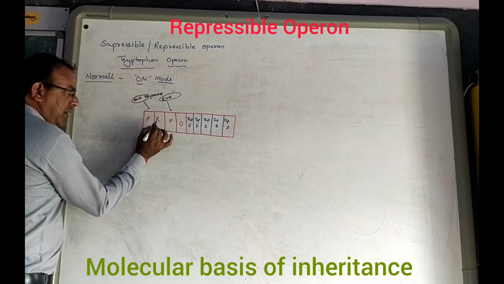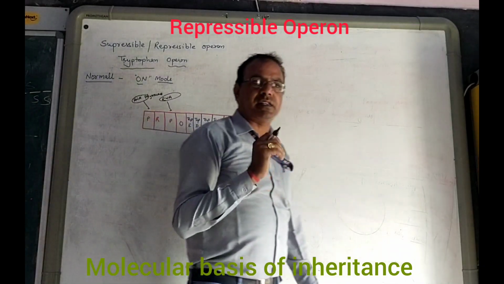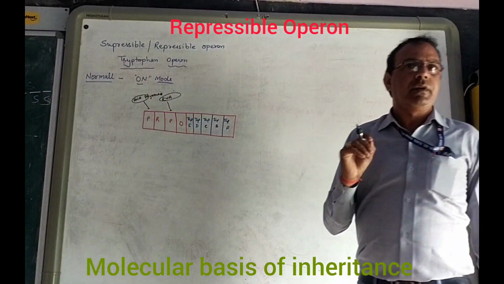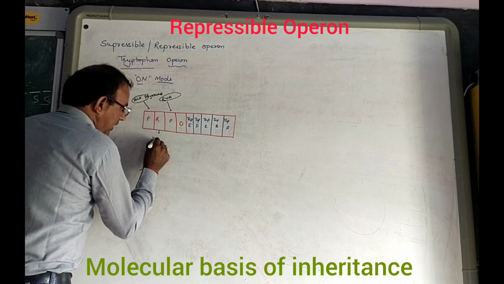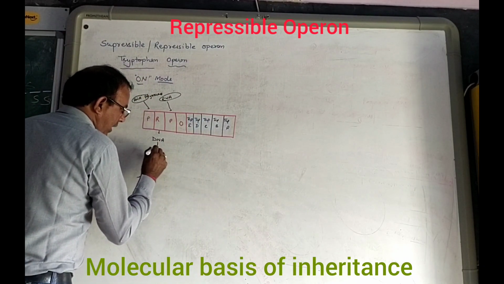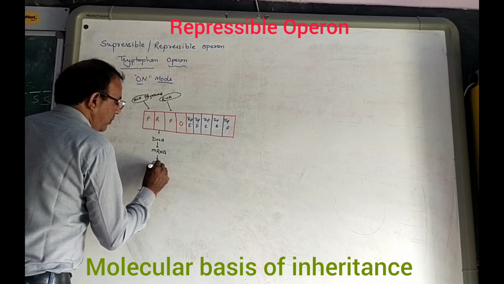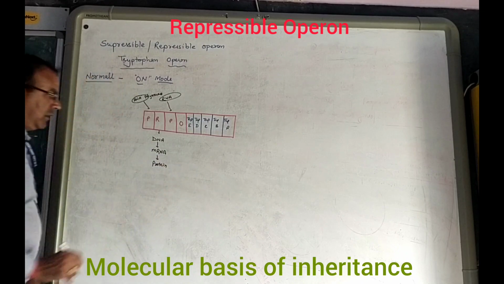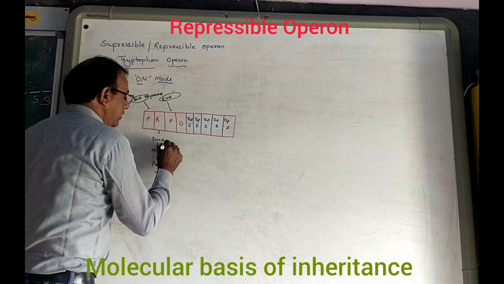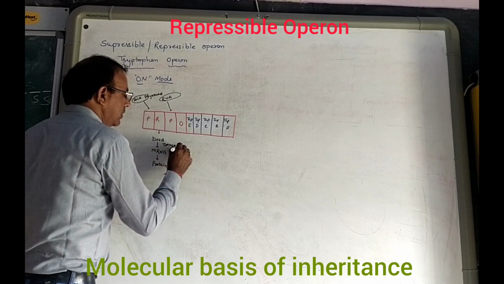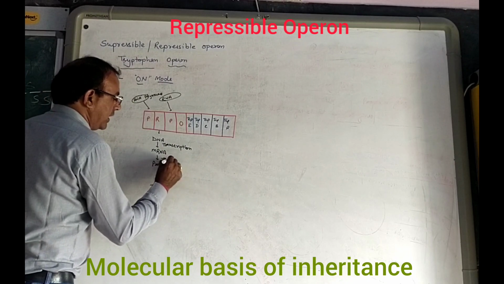Here is R. What is the role of R? The role of R is just like the inducible gene: the DNA converts into mRNA and mRNA converts into protein. The process in which DNA converts into mRNA is transcription, and mRNA to protein is known as translation.